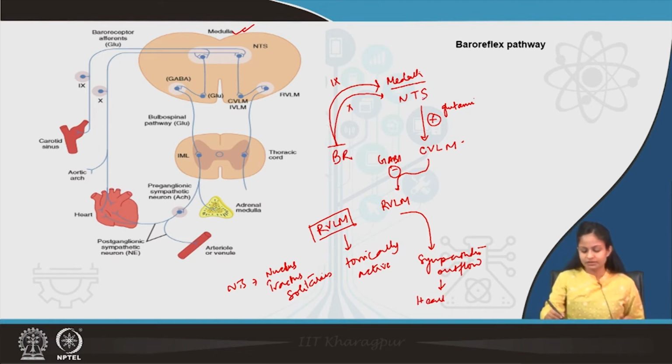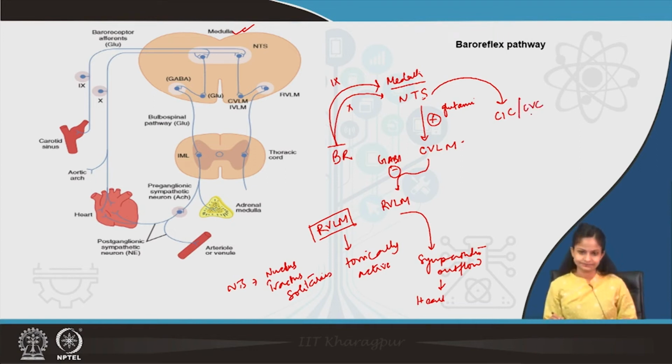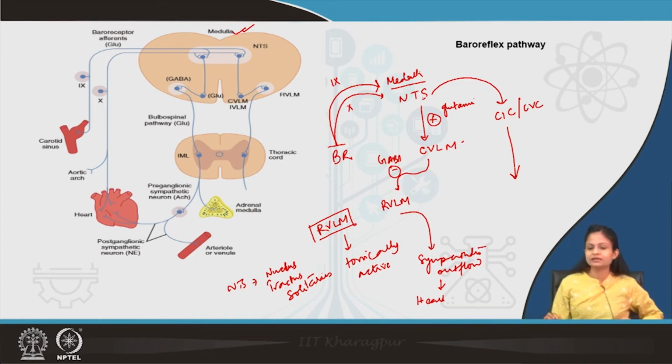Now, another pathway from the nucleus tractus solitarius usually gives inputs to the cardiac inhibitory center, or cardiac vagal center. This cardiac inhibitory center keeps a check on particularly the parasympathetic domain. It will keep the heart under inhibition.